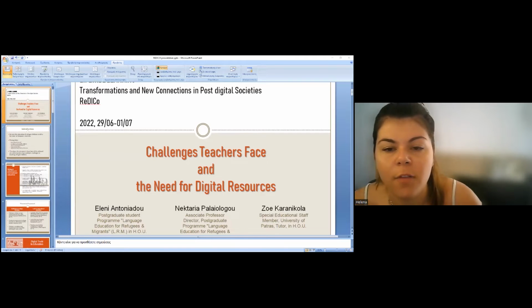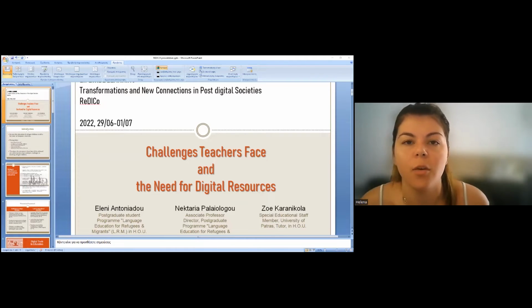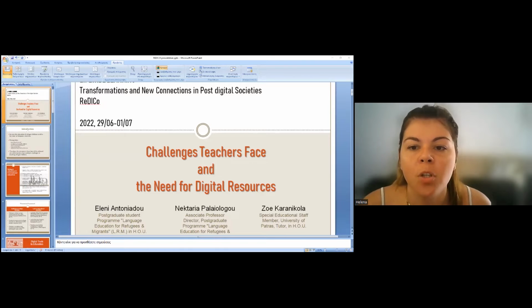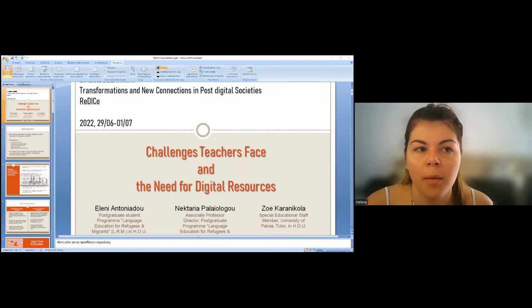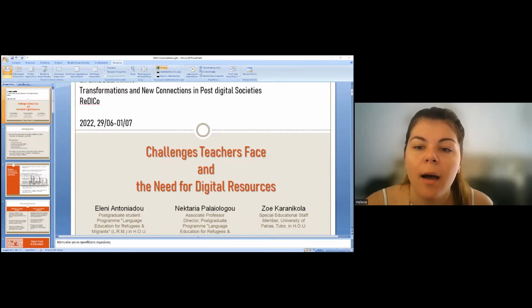To be more specific, intercultural competence has to do with the theoretical knowledge, which means that they had to have some psychological or sociocultural characteristics. They had to know how to teach refugee children, even have some background knowledge of their mother tongue, the children's mother tongue.